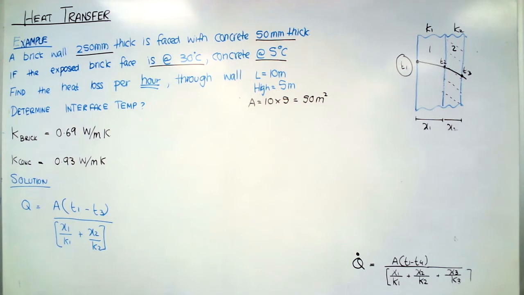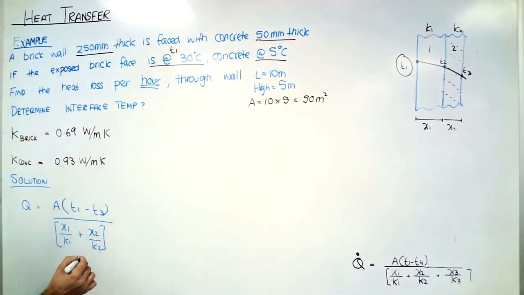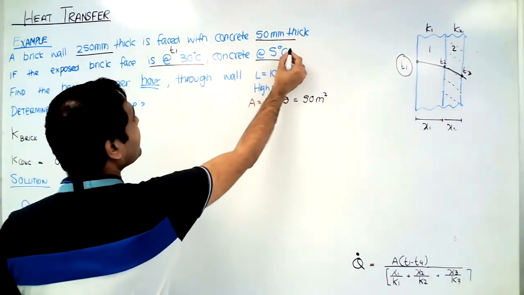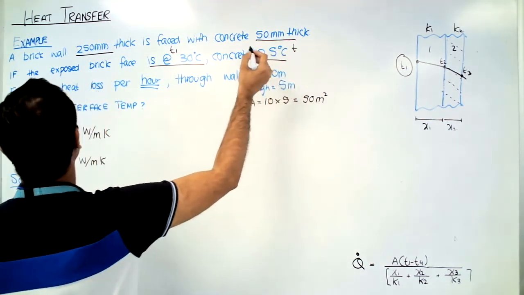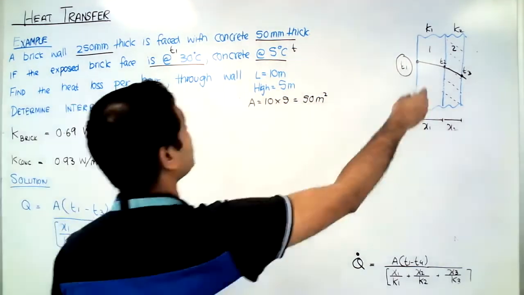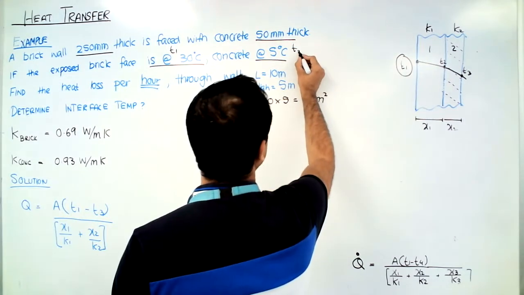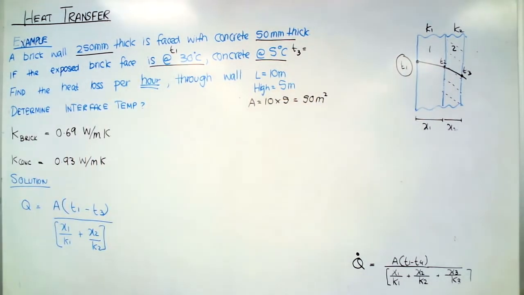We have the value for T1, and we have the value for T3. The concrete face here is that T3, so that is given. We have X1.